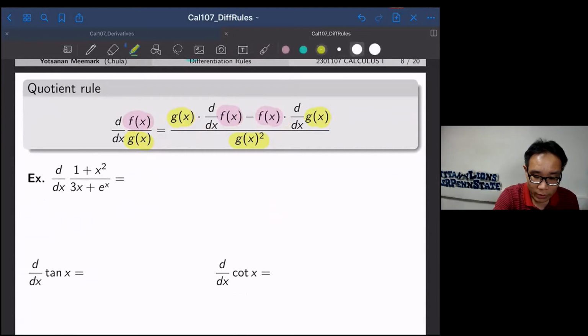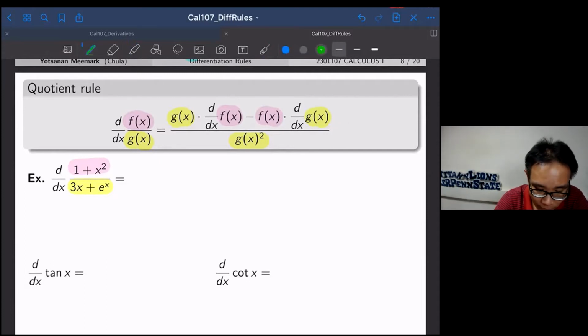Okay, I'm going to do step by step for this one, only for this question on this page. Otherwise, I'm going to differentiate at normal speed, just using this formula directly.